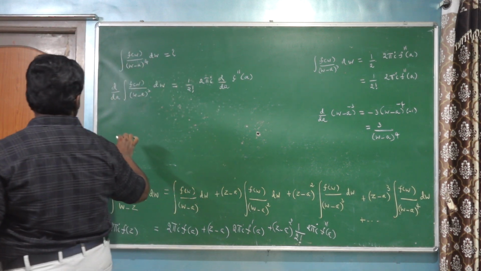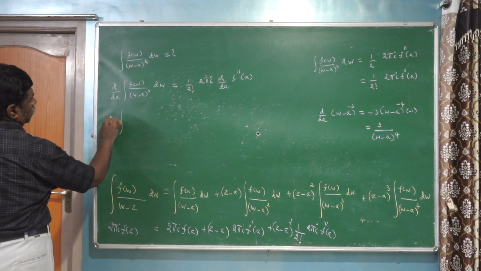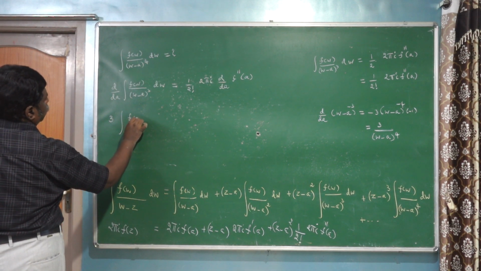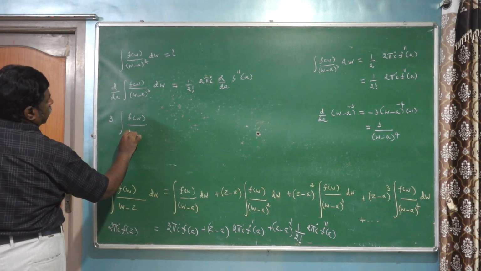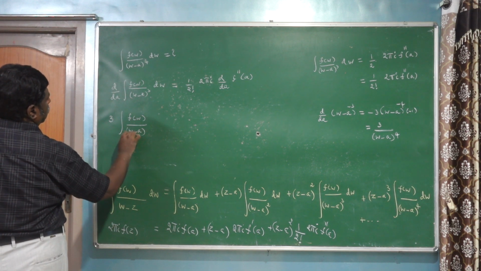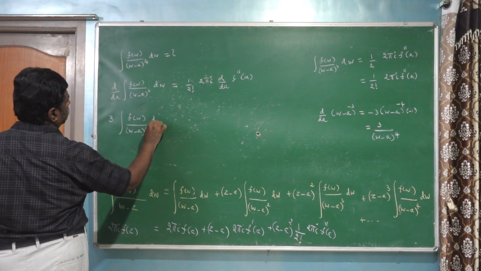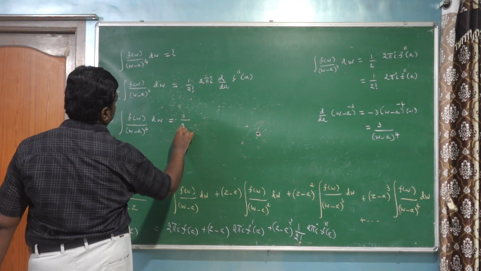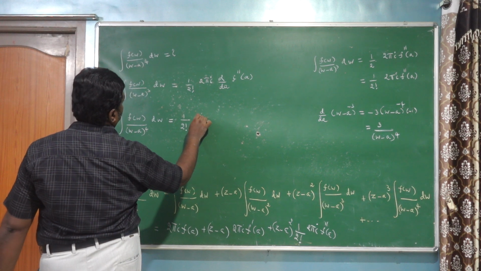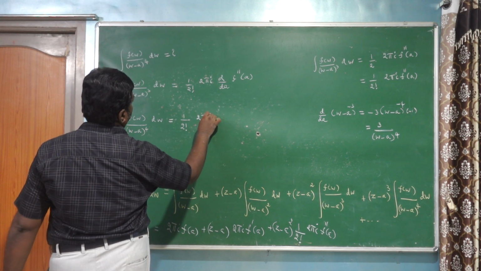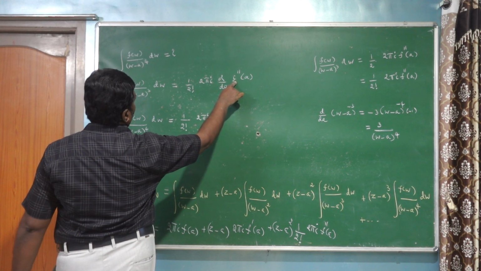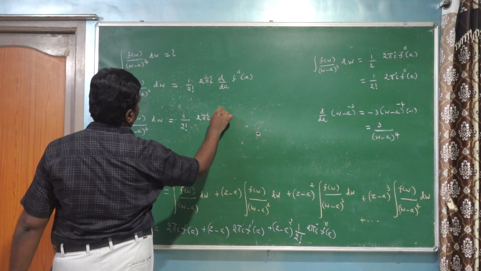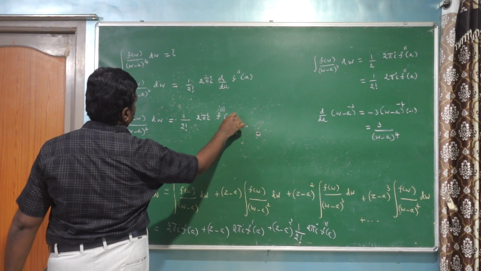So this integral is modified as 3 into f of w divided by (w minus a) power 4 into dw, which is equal to 1 divided by 2 factorial 2 pi i times d by da of f double dash of a, which is f triple dash of a.